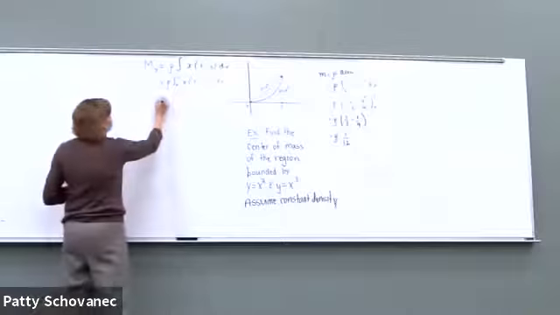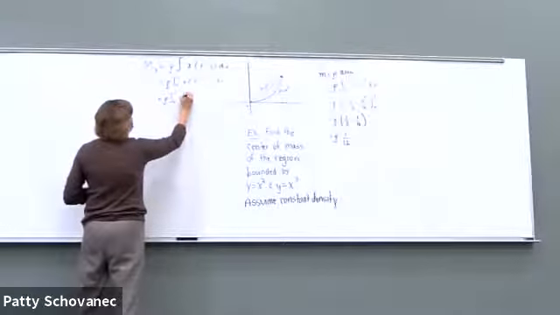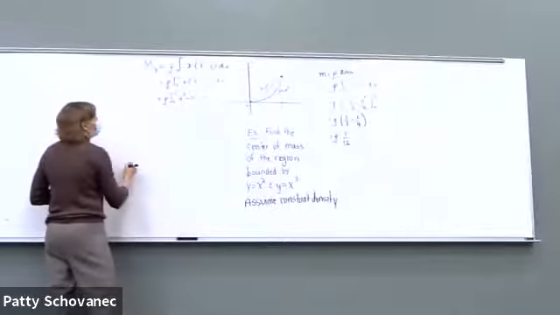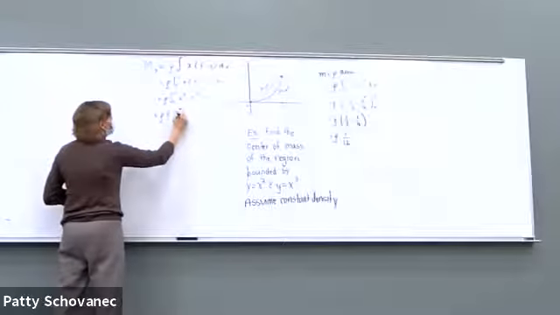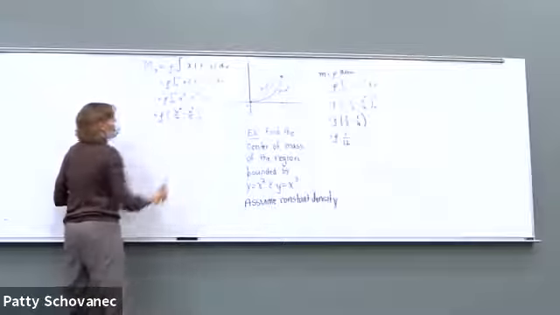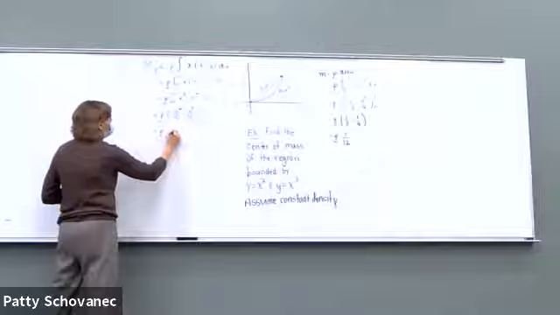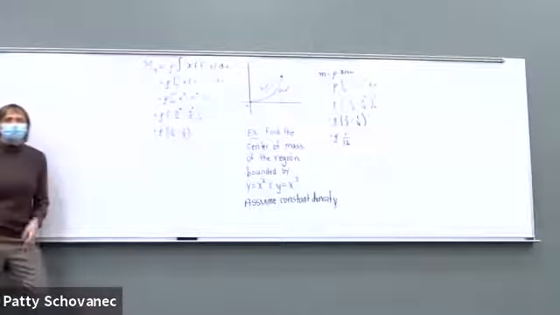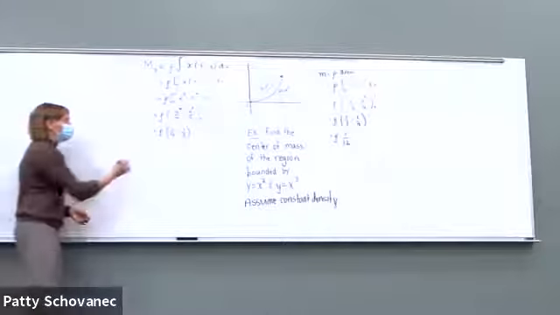So this time I have to integrate x cubed minus x to the 4th, and we get x to the 4th over 4 minus x to the 5th over 5 from 0 to 1. And so we have 1/4 minus 1/5. A common denominator of 20 says I have 5/20 minus 4/20. So I get 1/20.